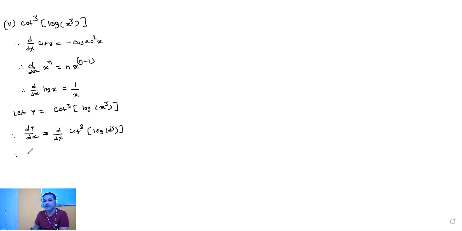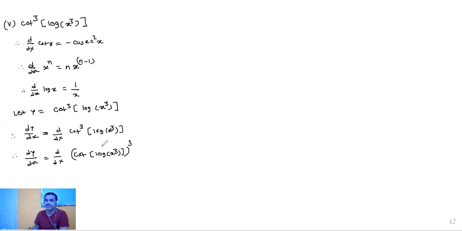Friends, we can write the given function like this as d by dx of cot of log of x cube raised to 3.